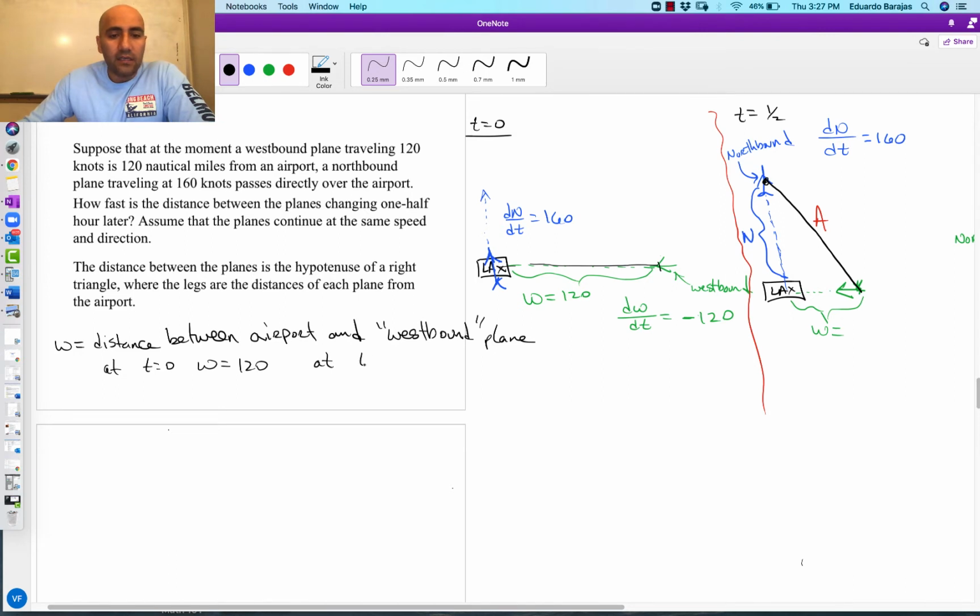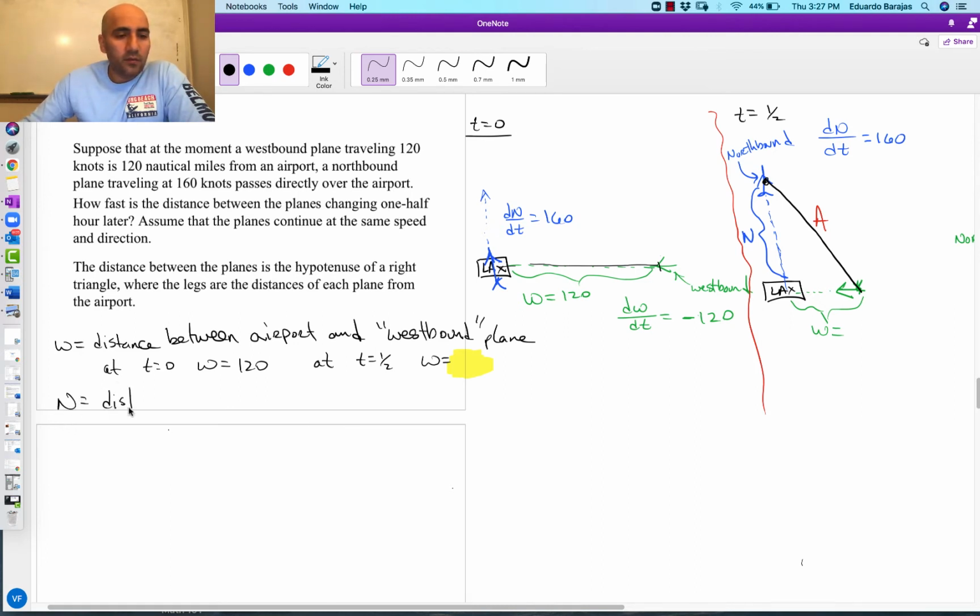At t equals 1/2, W is going to be different, so we have to figure out what that is. We'll figure that out in a second, so I'll just put it in a box right here. Yet to be determined.